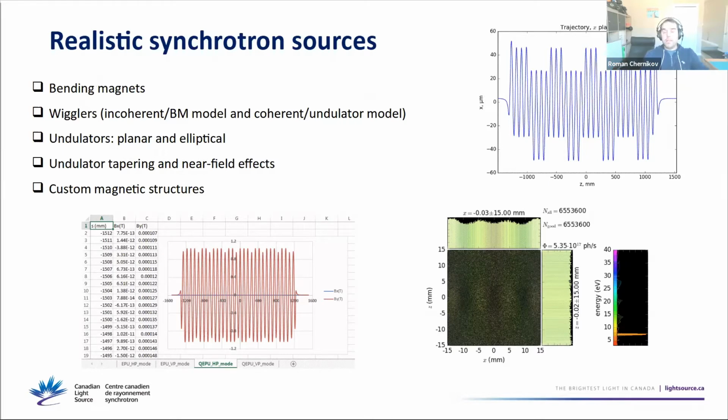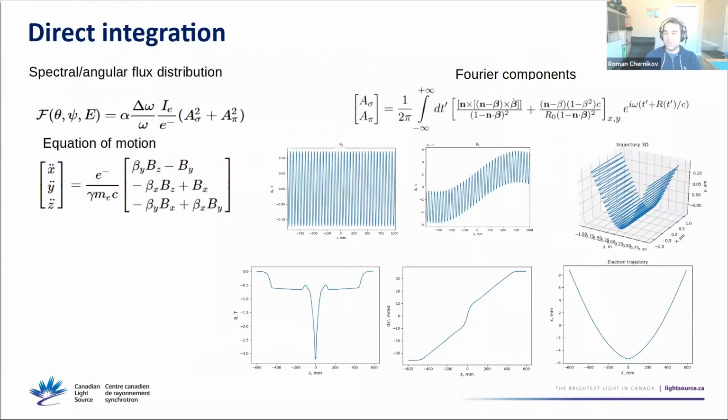We can use some analytical formulas for simple models like bending magnets or wigglers, but we also use direct integration techniques for the undulators and custom magnetic structures like here. So we start from the very basic things. We calculate the trajectories and then calculate Fourier components.